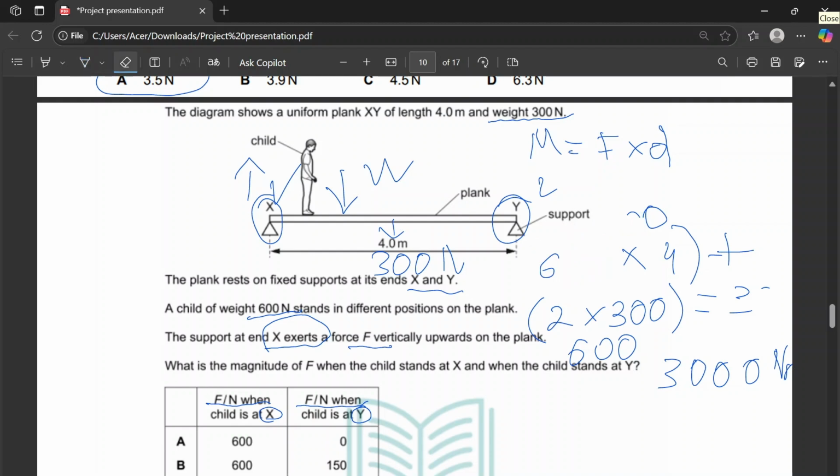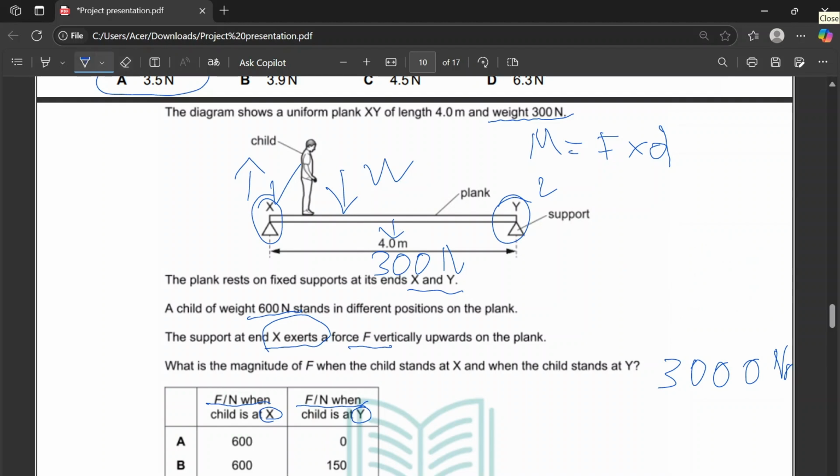So this is our final answer for the anti-clockwise moment. As we know from the principle of moments, the clockwise moment should be equal to the anti-clockwise. So we'll use this total moment to find how much force is acting on x.